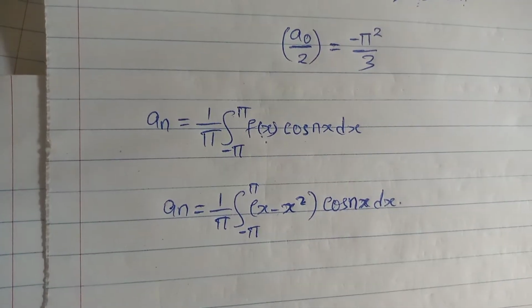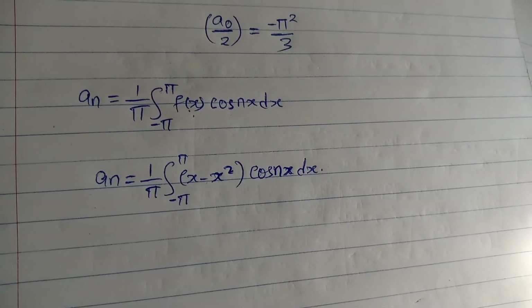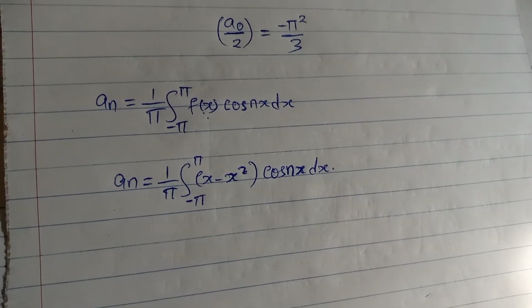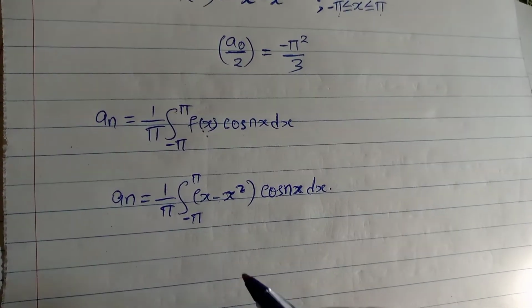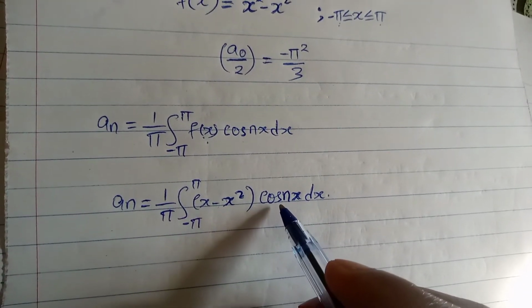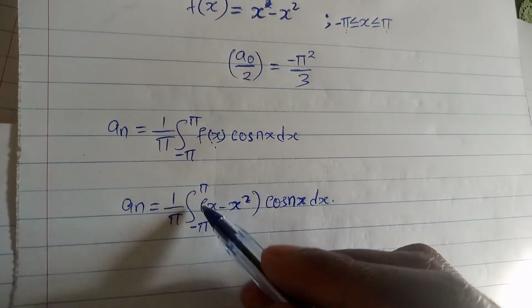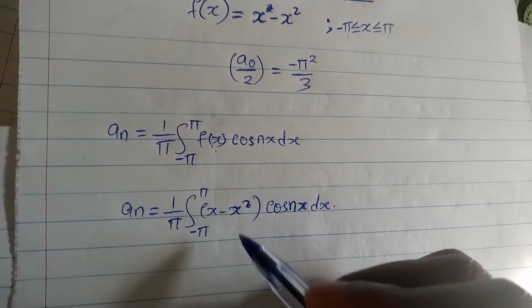So now we have the integral of x minus x squared cosine nx dx over this given interval.